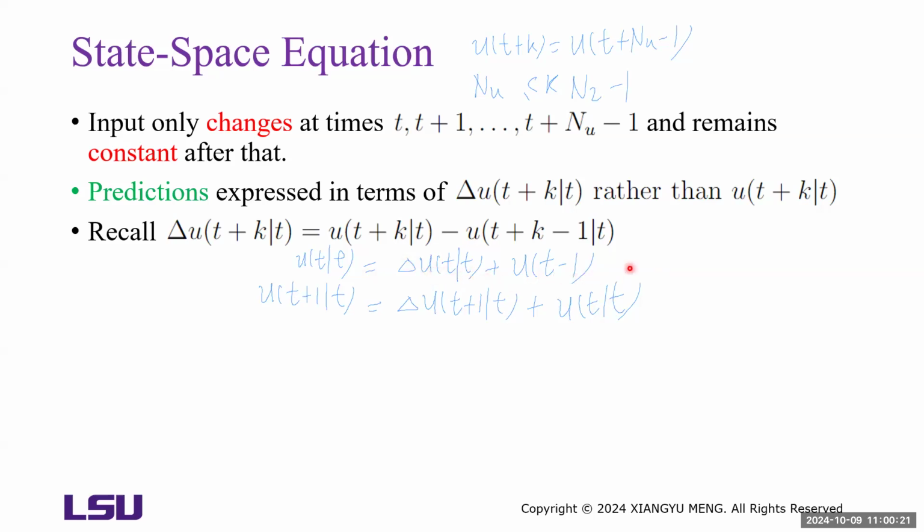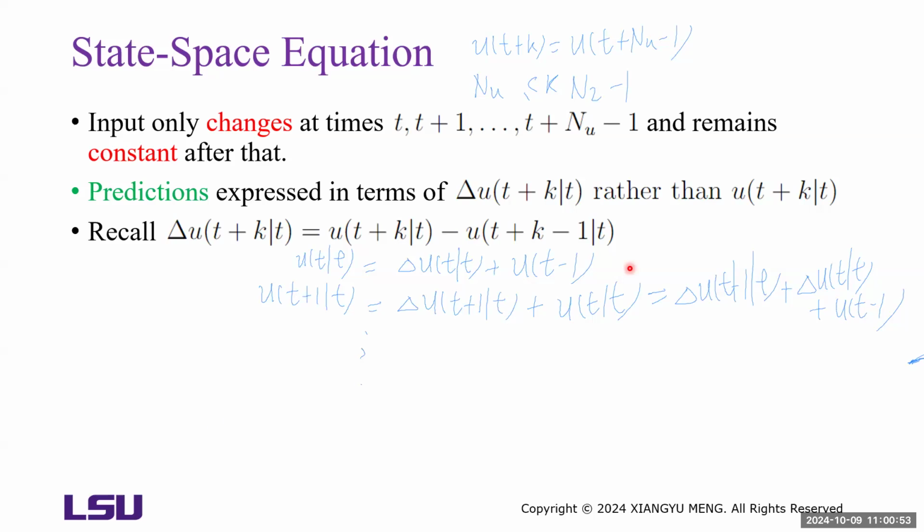So therefore, we have delta u(t+1|t) plus delta u(t|t) plus u(t-1). Based on these two equations, I think you can find the pattern.